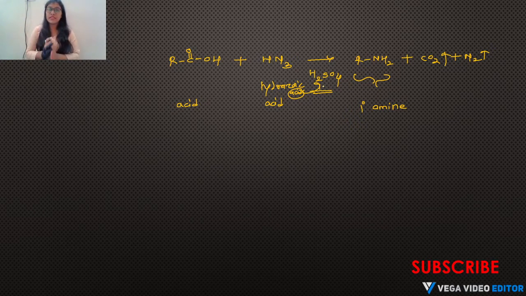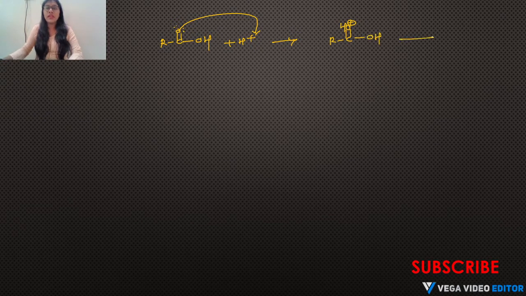Now we can see the mechanism. In presence of acid, the lone pair of oxygen takes this proton and we get RCOH with OH. Then this intermediate reacts with hydrazoic acid.